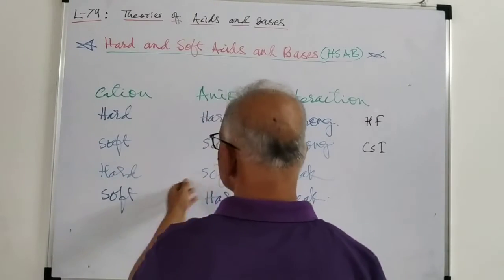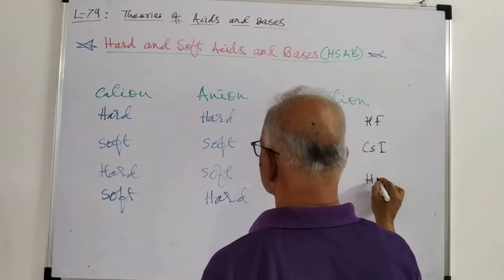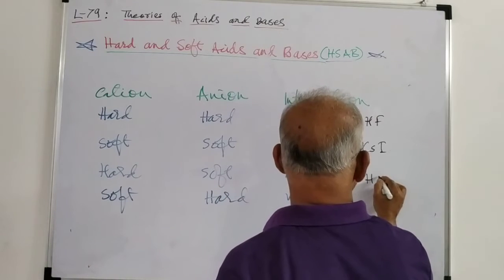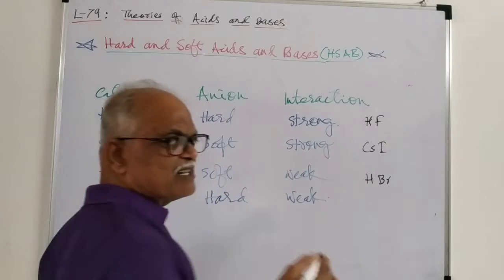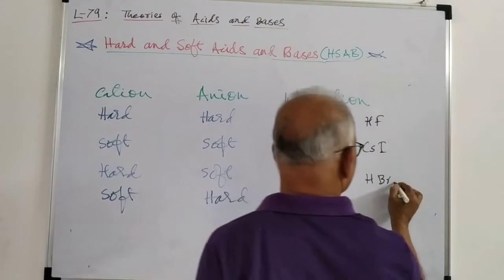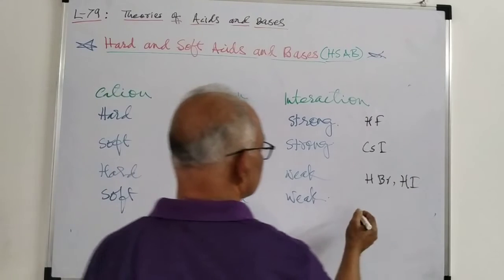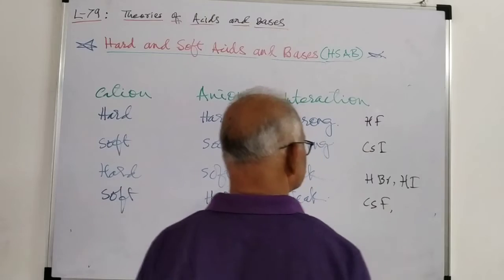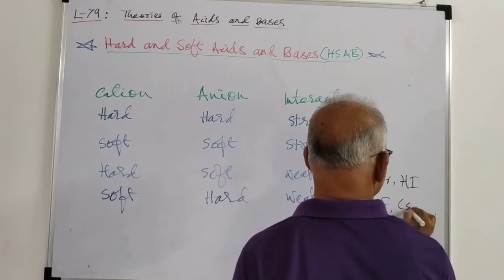In this case, for the hard-soft combination, we will consider HBr, HI, etc. Then for the soft-hard combination, we take cesium fluoride or any other species like cesium chloride also.